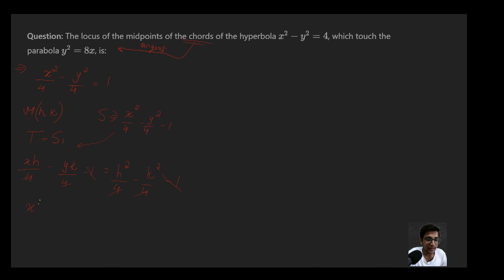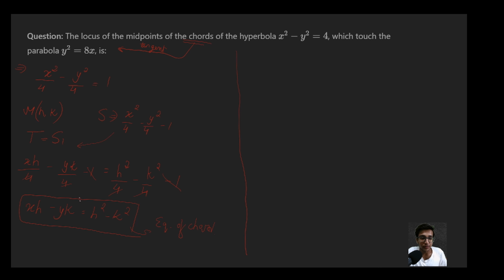So we get xh minus yk is equal to h square minus k square. So this is our equation of chord. Now of course we need to eliminate x and y from here, so that in the end we are left with an equation where only h and k are remaining, and then we can replace them with x and y to get the locus that we are trying to find here.